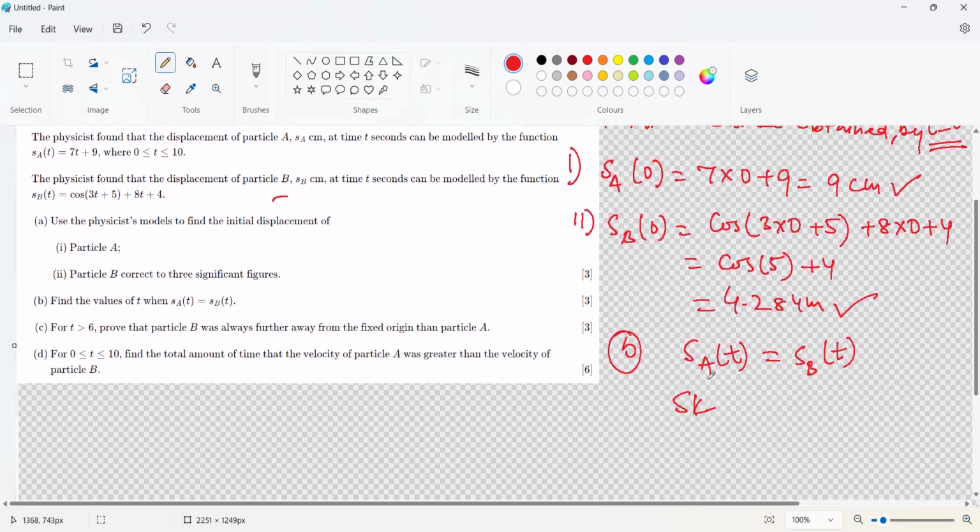Sketch the graph and find the intersecting points. Sketch the graph of both functions and find the intersecting points.